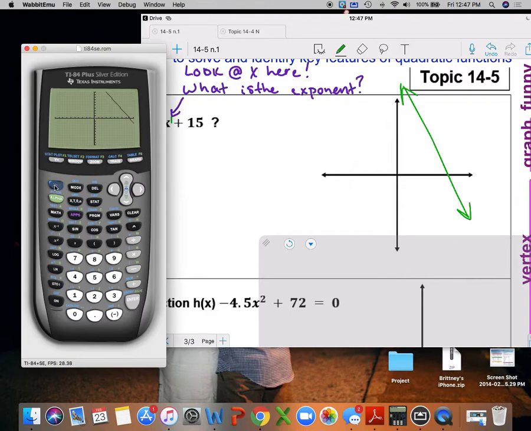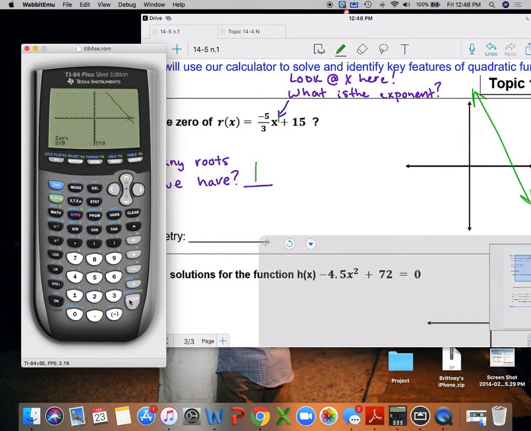Well, it only crosses 1 time, so I can still follow the same steps. I need to go to my zero. So that's about where it crosses. It shows me left bound, so I go left 1, 2, 3, and click enter. Go to the right 6 times, 1, 2, 3, 4, 5, 6, enter, enter, and my zero is at 9.